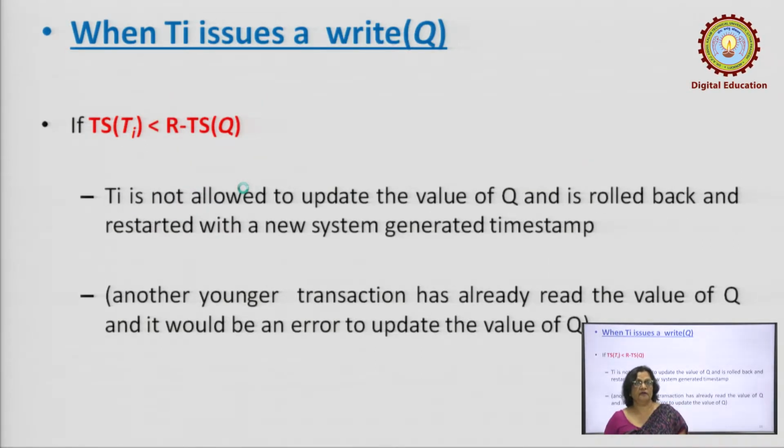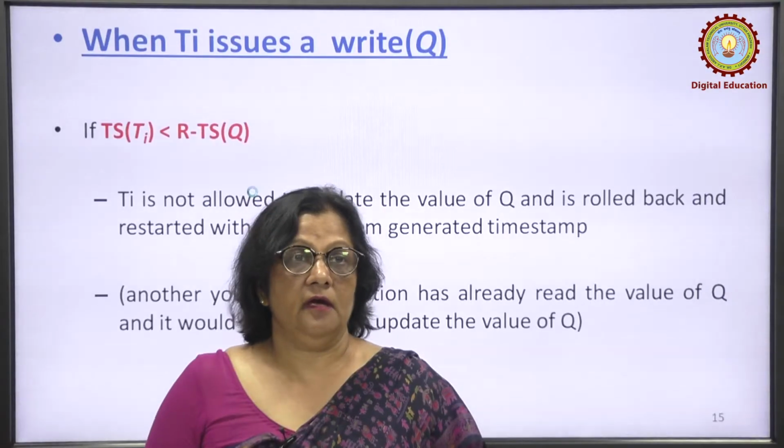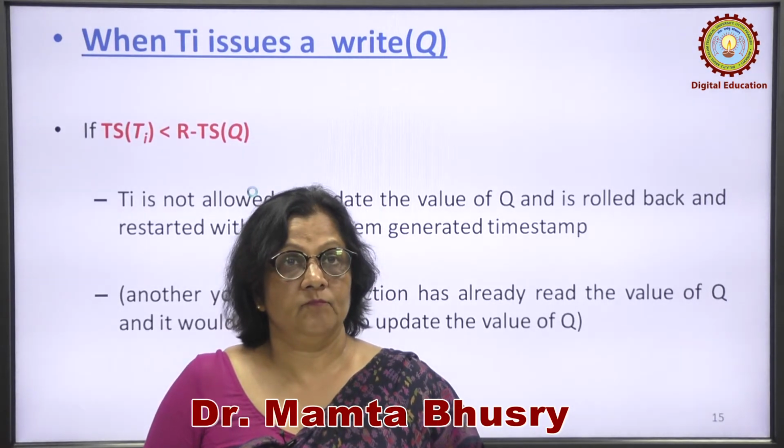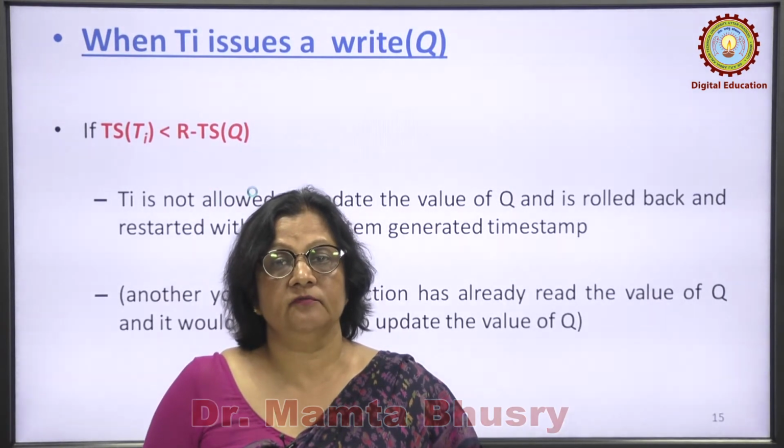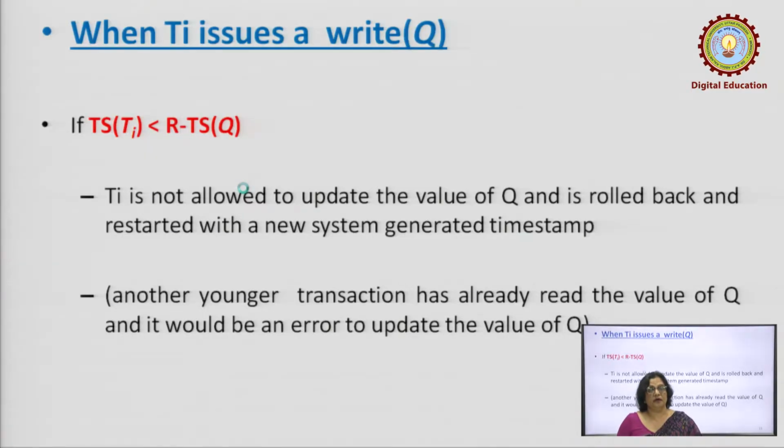The second case, like we said, was when Ti issues a write Q operation. Now, here if TS of Ti, that is the timestamp of the transaction Ti which is attempting the write, is less than the read timestamp of Q, this means that Ti, which is in this case an older transaction, is trying to write a value that has already been read by a newer transaction.